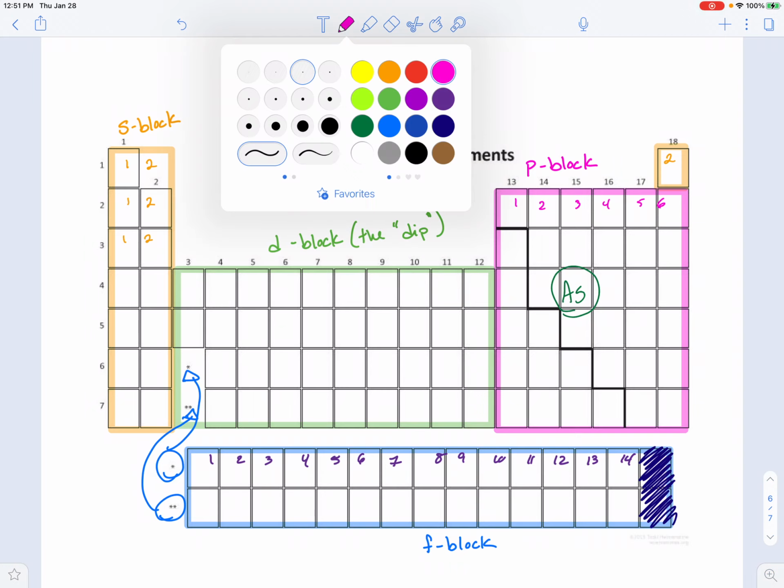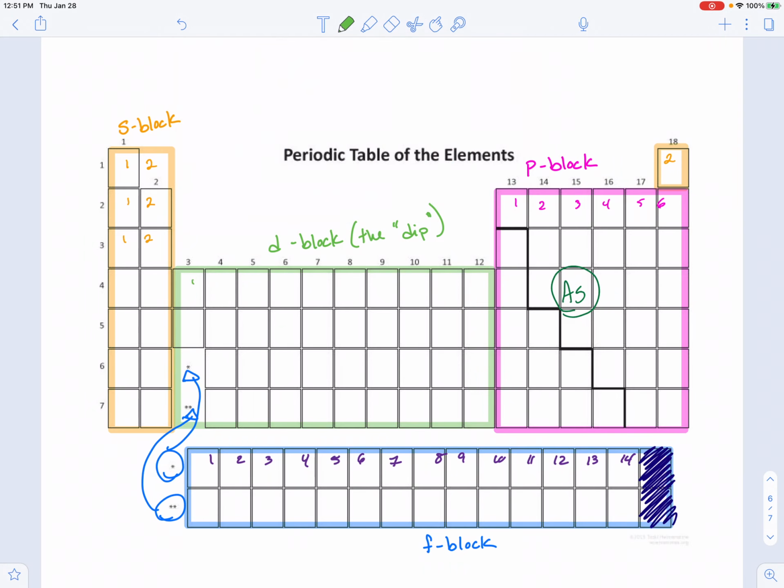That your D block is 10 columns wide, 1, 2, 3, 4, 5, 6, 7, 8, 9, 10. And that your F block on your periodic table is 14 columns wide. Okay. So that's the first thing to note that is really helpful.